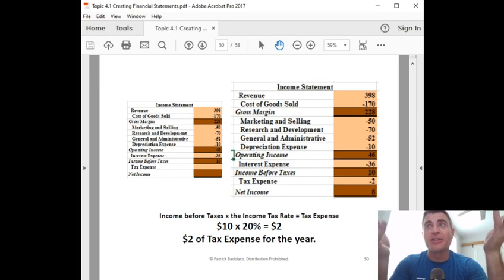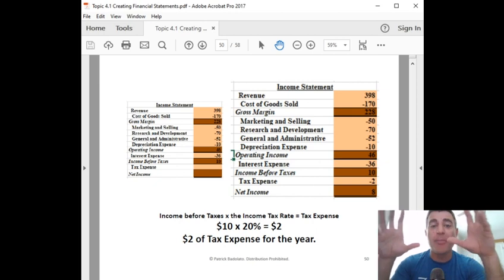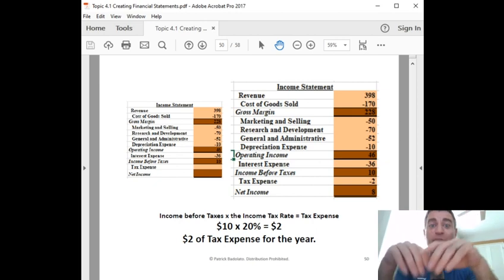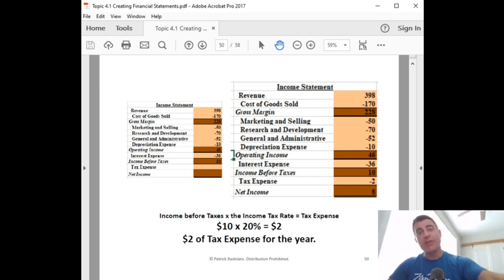I still need to include tax expense. Well, I could populate that here with my bigger version of the income statement. If I have $10 of income, and I intentionally made these easy numbers for myself, times 20% tax rate, I'm not debating what rate we should use. Just assume that's the applicable rate for our company. And that's going to give me $2 of income tax expense for the year.